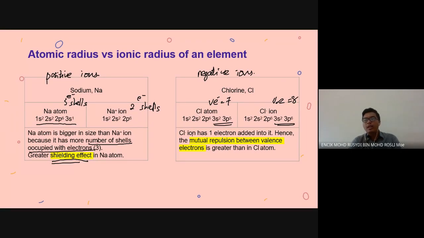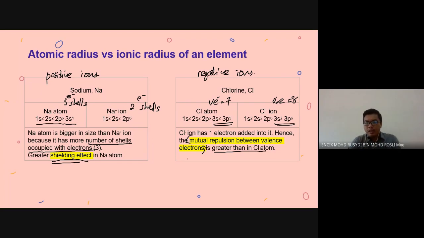So what happened when it has extra number of valence electrons? So Cl has 1 electron added to it. So dia bertambah dia punya bilangan elektron, the valence electron. So what happened is that the mutual repulsion between valence electrons is greater than in Cl atom. So that's why dia punya size akan jadi lebih besar.